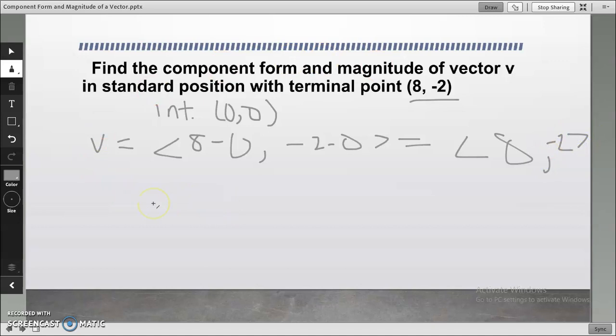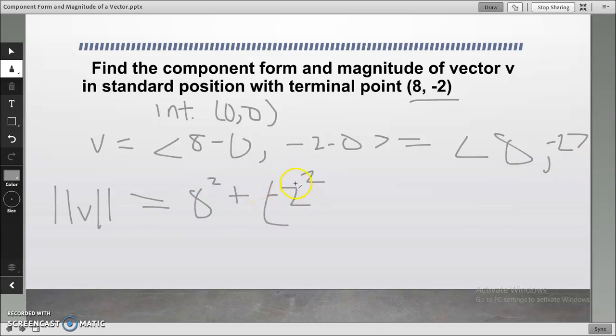Now to find the magnitude of vector v, which is just the distance, and it's really just the distance formula, I'm going to square both of those. I'm going to square my component form. So that's v1 and v2, so that's going to give me 8 squared plus (-2) squared.